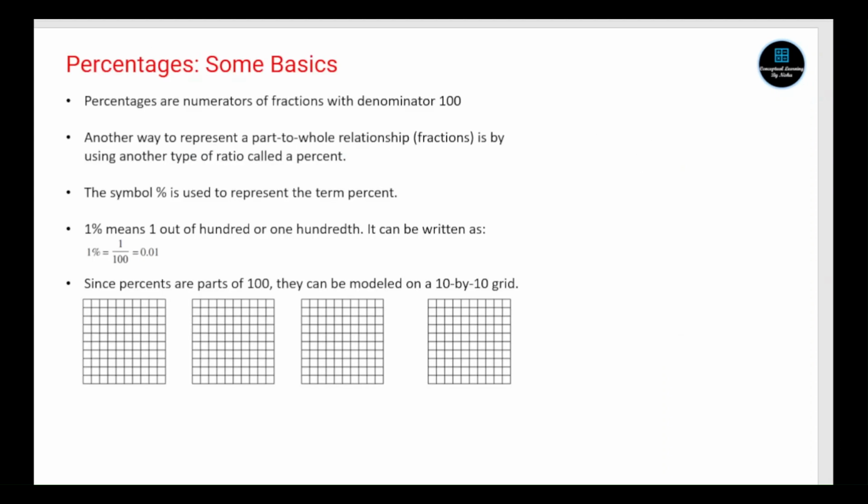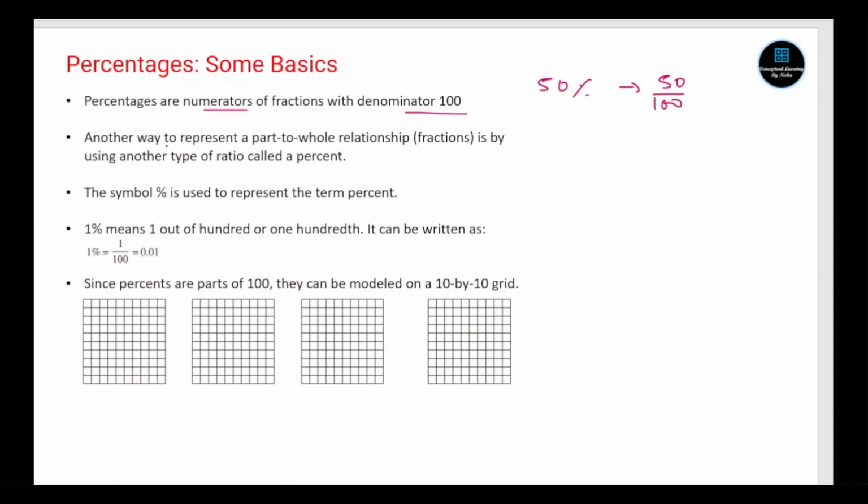All right, now percentages are nothing but we are writing the fraction in terms of a number and a denominator as 100. So if I say 50%, it means 50 over 100.